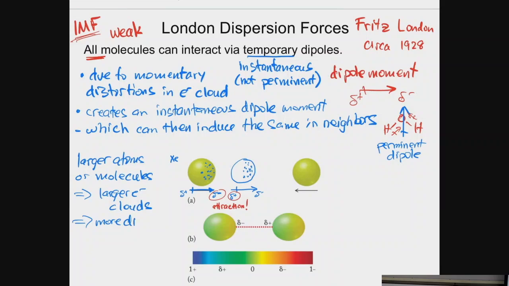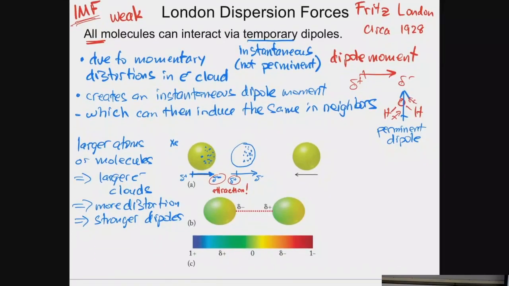And with more distortion, we get stronger dipoles. But remember, these dipoles are instantaneous dipoles. Okay? So overall, we have a new word that describes this phenomenon. It's called polarizability.